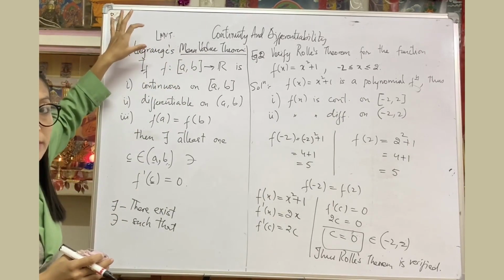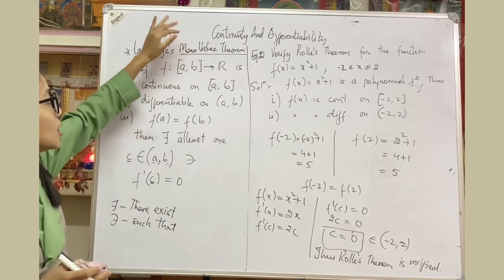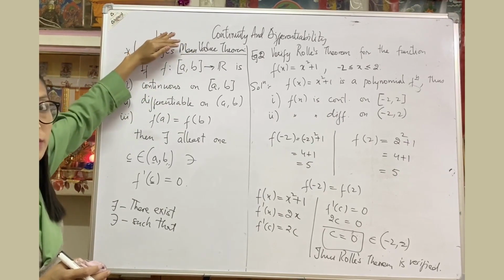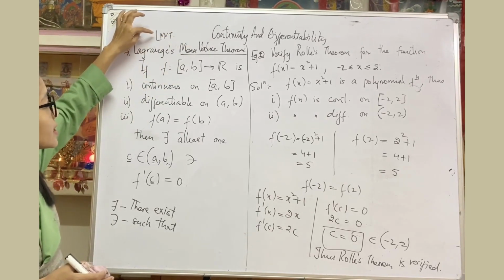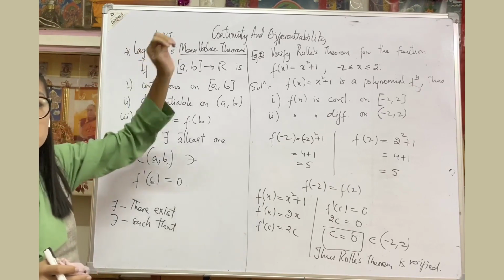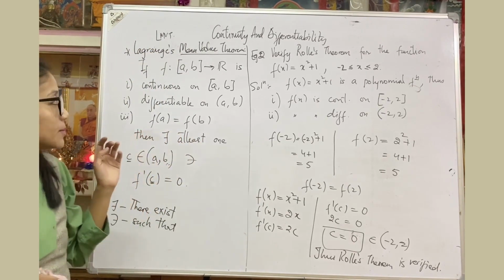Lagrange is the mathematician who gave this theorem, so we call it Lagrange's mean value theorem. You can also just call this the mean value theorem. In some books, if you find LMVT, it means Lagrange's mean value theorem.